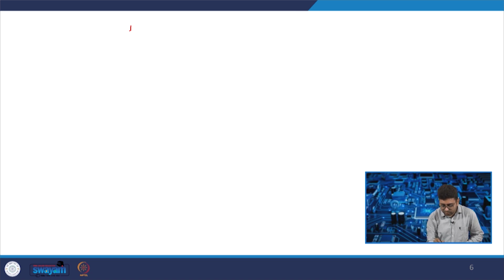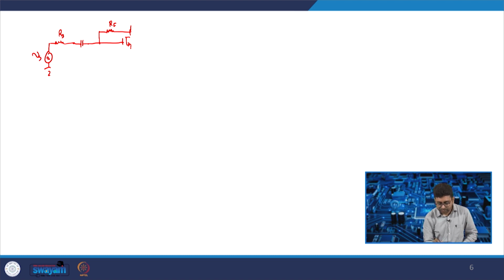If we try to draw the circuit, that is an RF feedback, and there is a capacitor, that is a DC blocking capacitor, RS, there is a Vs, this is a ground.